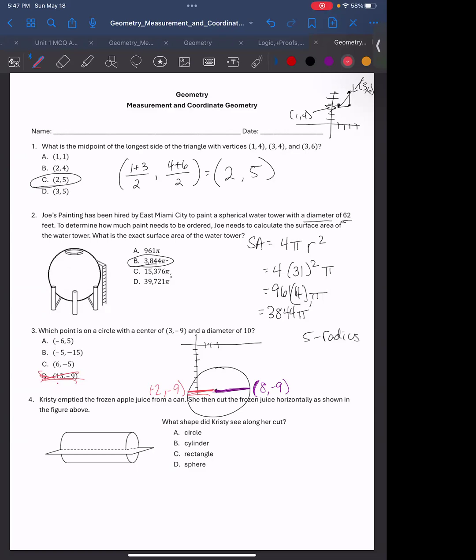So, looking at these options, which one do I want to try out first? Of all 3 of these, what do I want to try to eliminate?